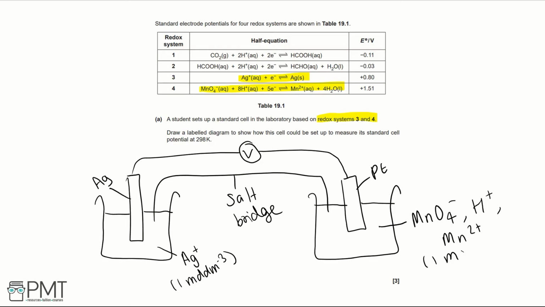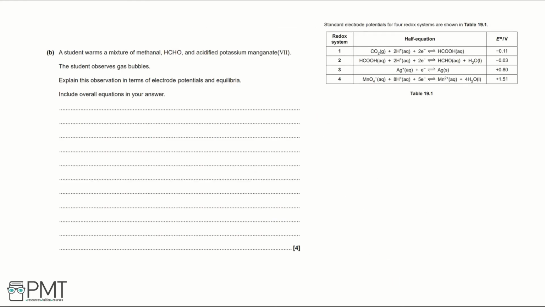And they also have a 1 mole per decimeter cubed solution concentration. To get the 3 marks for this question, you get a mark for your voltmeter and salt bridge. You get a mark for each half cell, so the silver half cell and then the one with platinum and all of your ions.